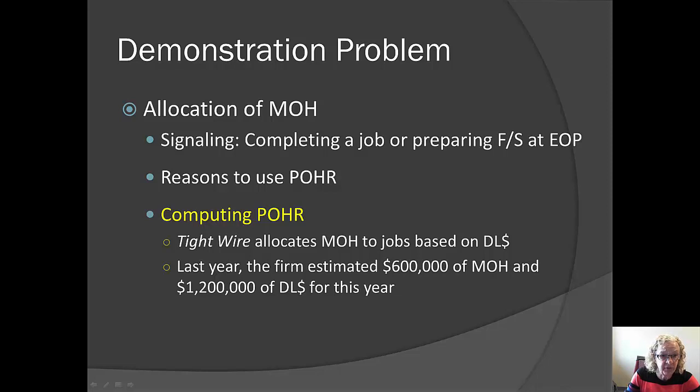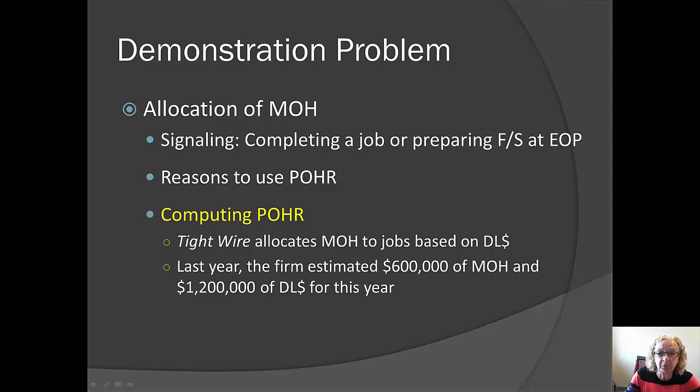Before the period ever started, the firm had to estimate how much overhead it believed it would use during the year and how much labor dollars it believed it would use. In this case, the firm estimated that it would have $600,000 of overhead during the year and $1,200,000 of labor.